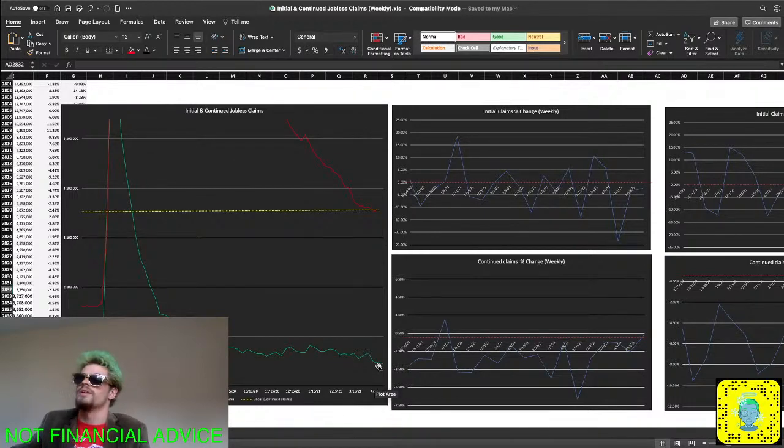So, we saw last week that initial claims reached the lowest point since COVID lockdowns had started for the second time in a row. Well, this week, it happened again. You can see it here for the Change Weekly, and right here on the graph.